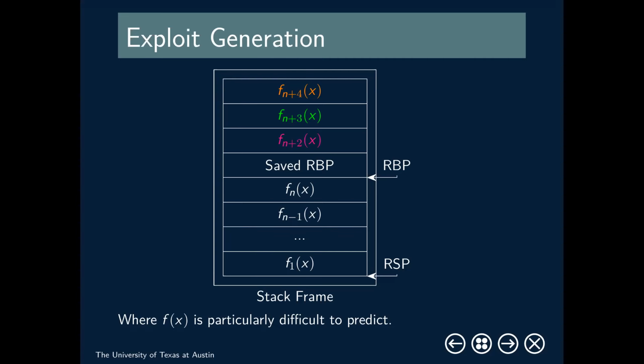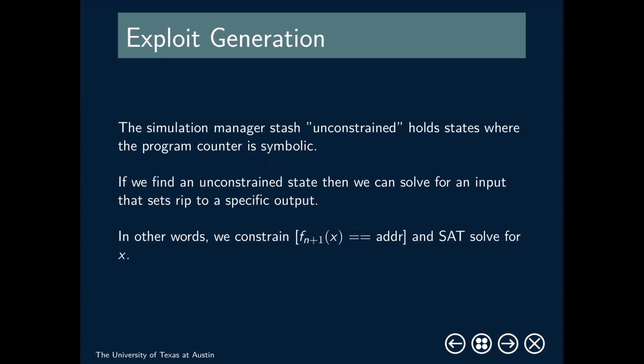So what we really want is for f sub n plus 2 of x to be some attacker controlled value, right, in order for us to take control of the program counter. But we've already said that f is hard to predict, so getting f to be some user controlled value is difficult. So the way that we can actually do this using Angr is, I talked about earlier that the simulation manager has a stash called Unconstrained, which means that the program counter is symbolic, right?